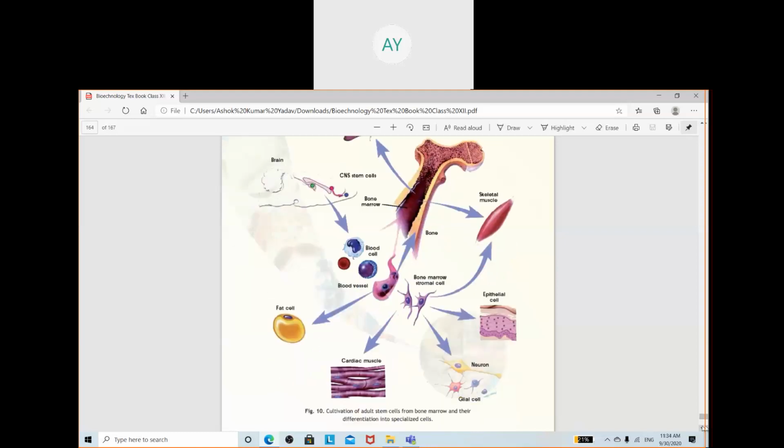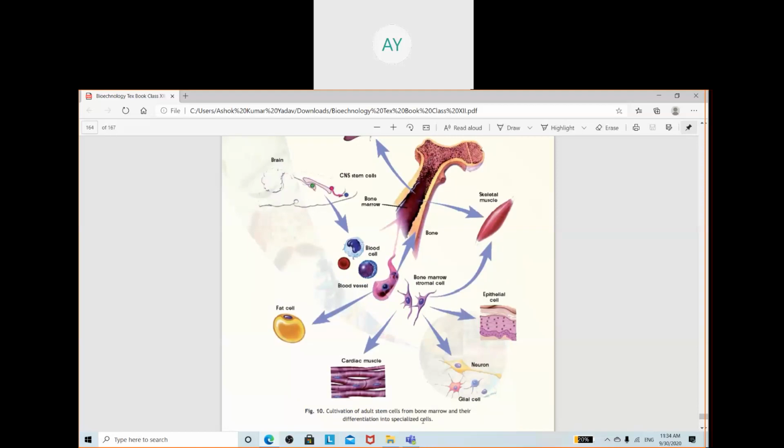Understand this diagram: it shows cultivation of adult stem cells from the bone marrow and their differentiation into specialized cells. It means you can multiply that stem cell in the animal cell culture lab, after taking the bone marrow cell and putting it in animal or human cell culture media. Then we can differentiate it into a specialized cell, and this is going on.